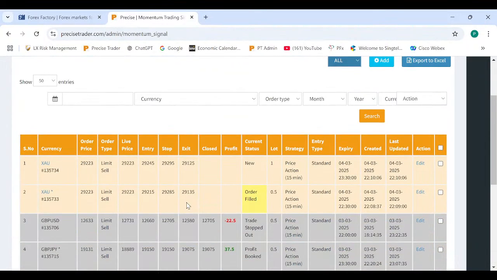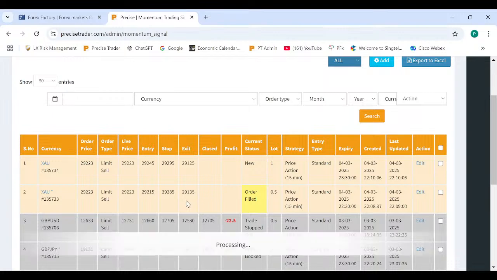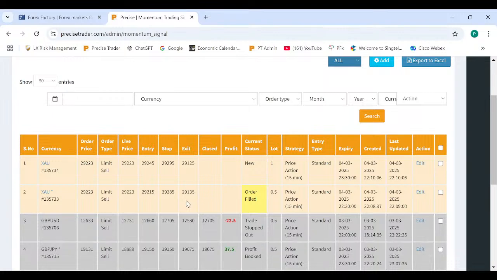So we have taken the gold trade, and we are going in for another entry, which is an add-on entry. The next one, what we are going to do is go for a stop sell.